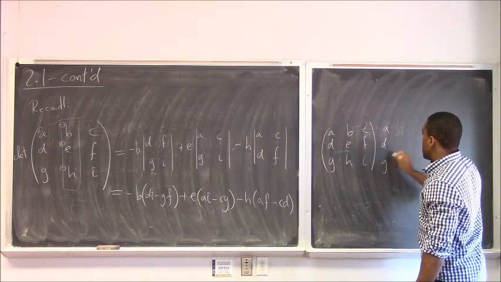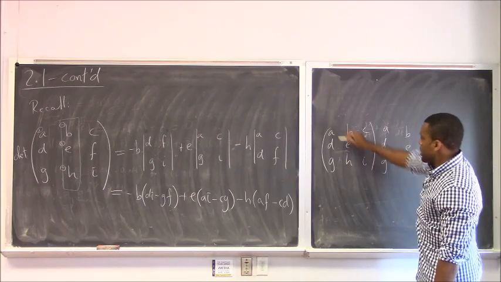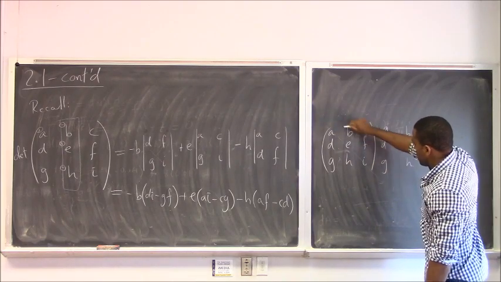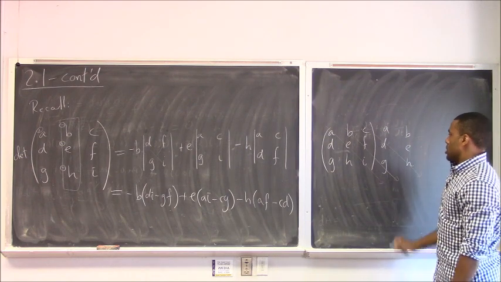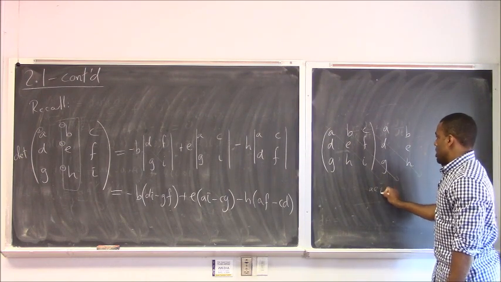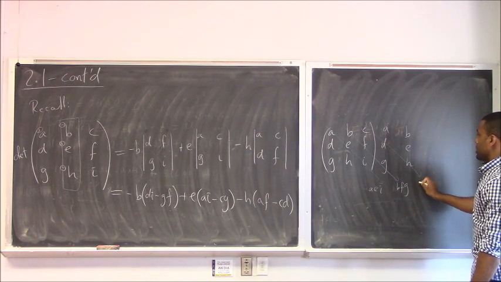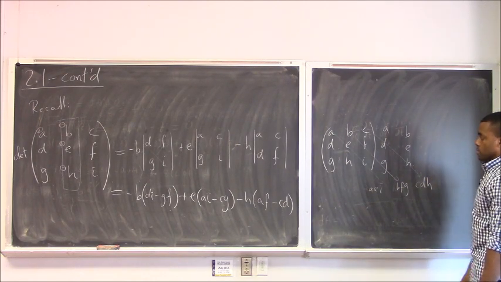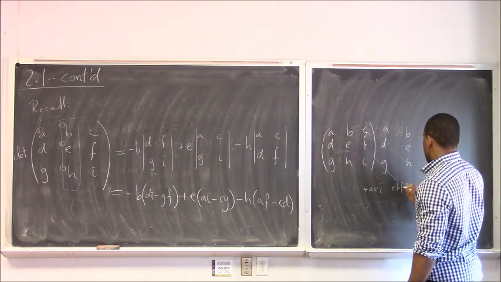A, D, G, E, H. And then you can take the cross, just multiply these terms down. So this is A, E, I, this is B, F, G, this is C, D, H, right? And then you add all the terms here.